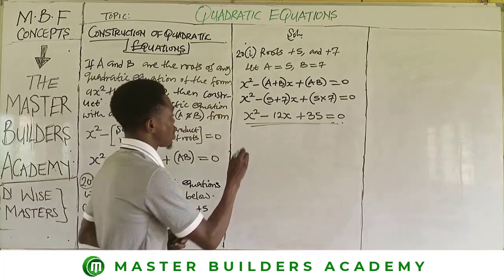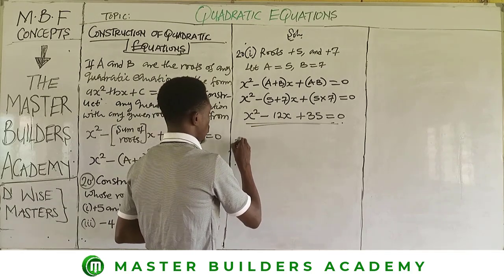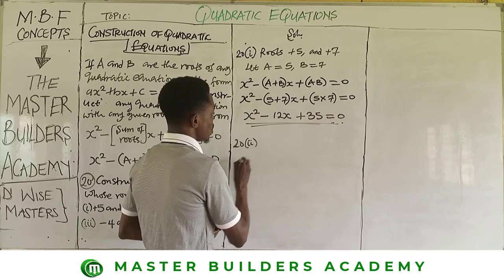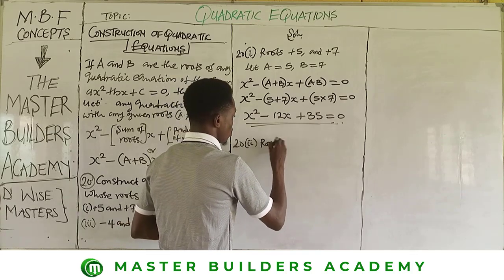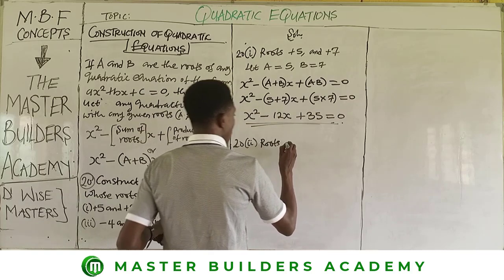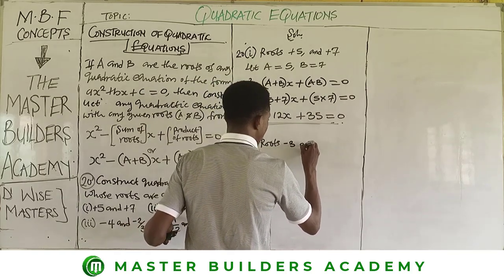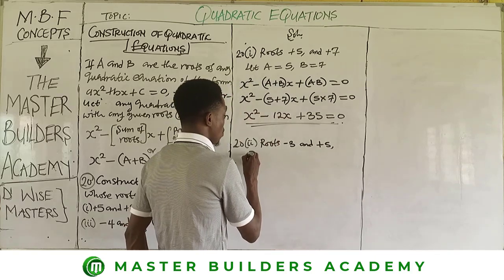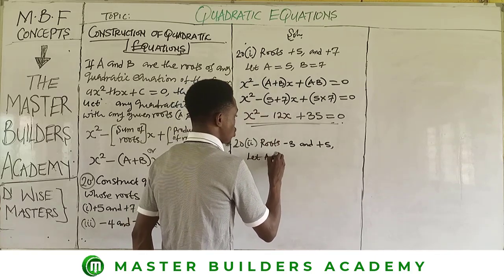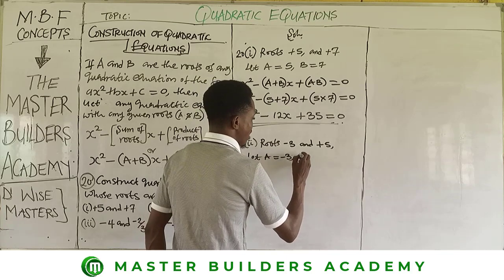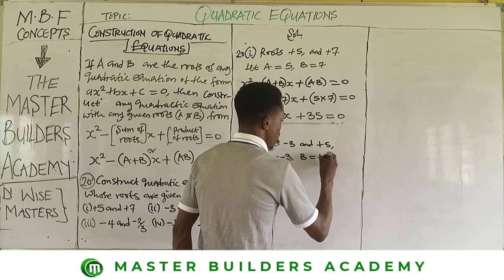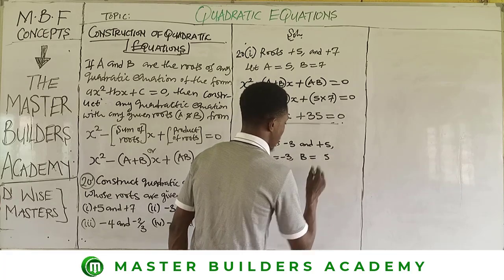So now let's look at question number 20, part 2. The roots of this equation are minus 3 and plus 5. We can simply say let the first root be represented by A and the second root be represented by B, which is plus 5. We can ignore the positive sign.